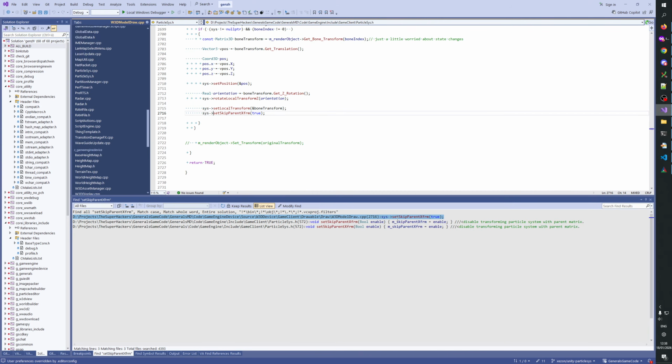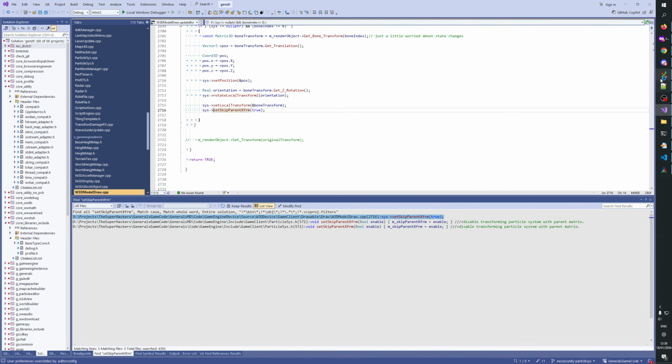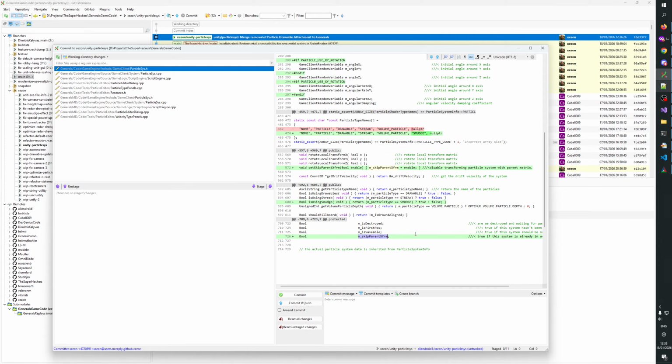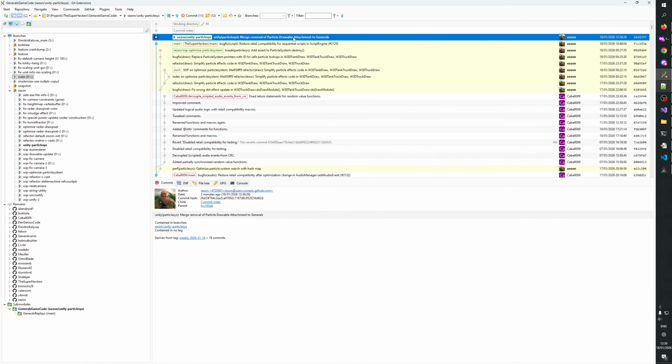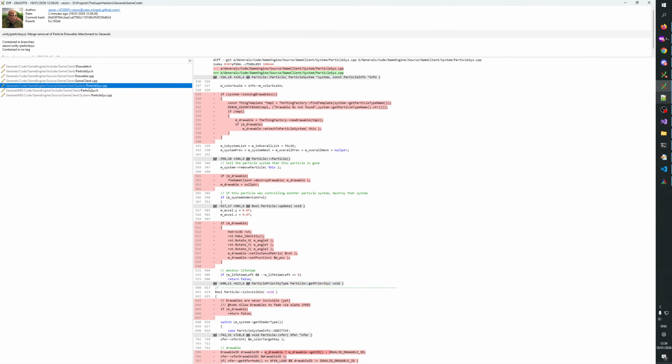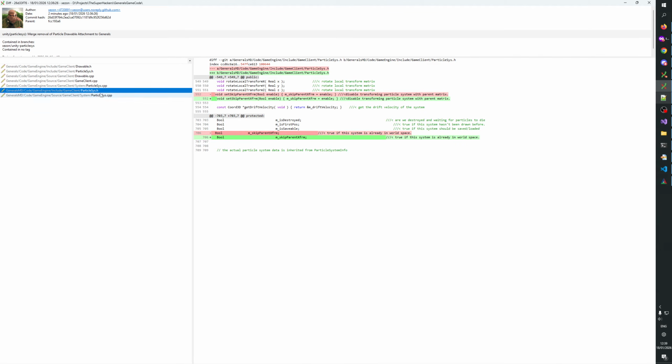Model draw. Okay. Well, to be fair, this is actually unrelated to this one here. This one is actually unrelated. Ah, shit.